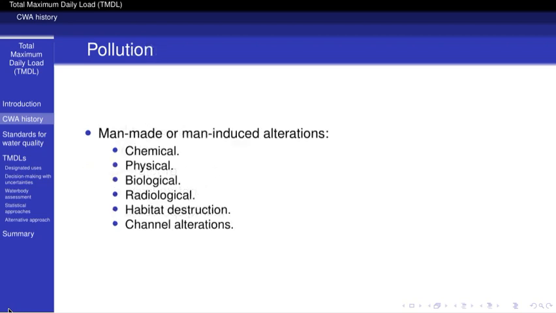The Clean Water Act defines pollution as the man-made or man-induced alteration of the chemical, physical, biological, and radiological integrity of water. In the Act, pollution includes pollutants as well as other stressors such as habitat destruction and hydrologic modification.